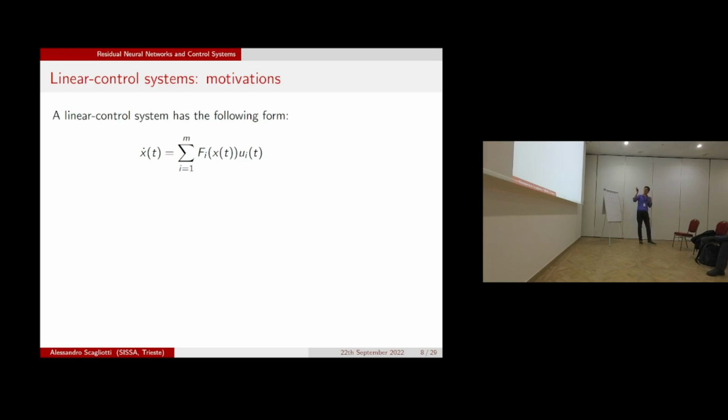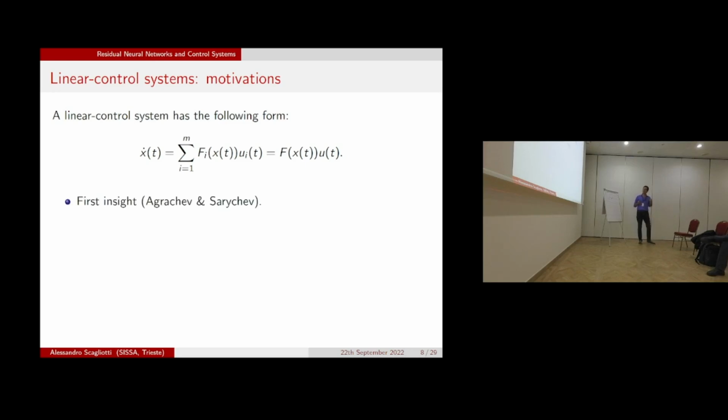Essentially, you can imagine this control system as the superposition of m different vector fields, and instant by instant the controls are the coefficients of a linear combination of these. We can also use this abridged notation in which F is a matrix that collects the vector fields as its columns.